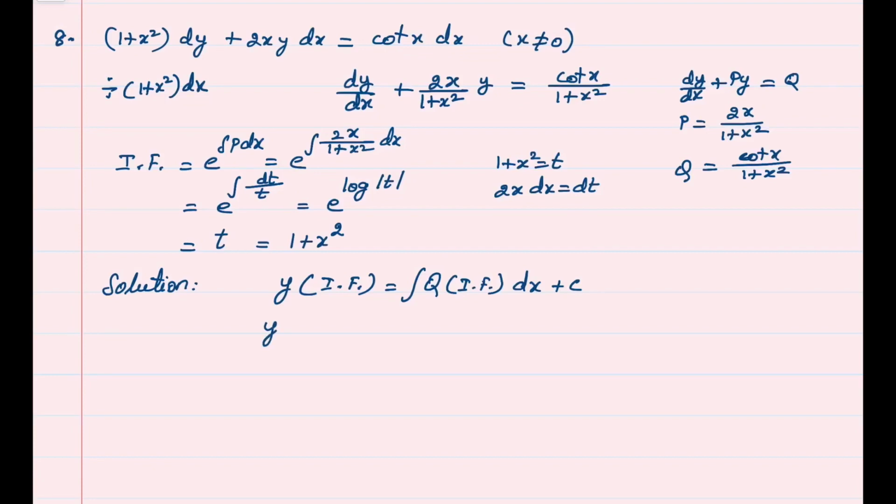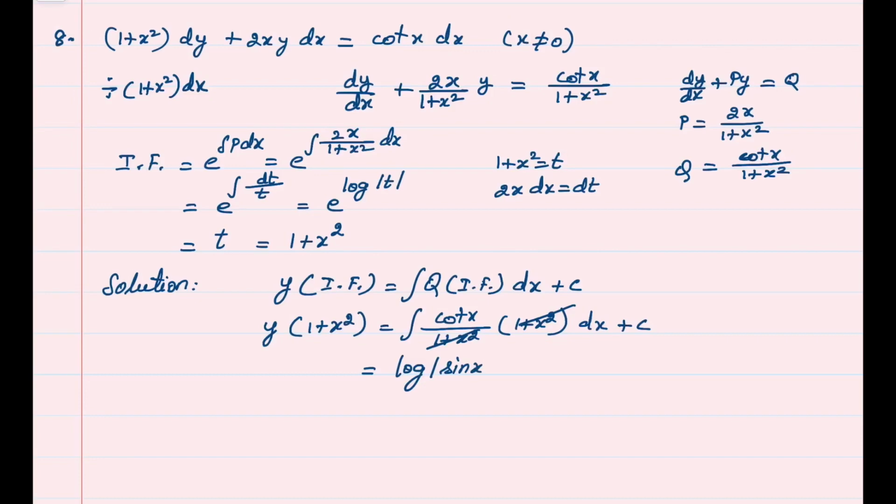Y into integrating factor is 1 plus x square equal to integral q is cot x divided by 1 plus x square, and the integrating factor is also 1 plus x square dx plus c. Integration is so easy to do. Integral of cot x is log of absolute value of sin x. Be thorough with all integration formulae. Plus c. We can divide the whole equation by 1 plus x square.